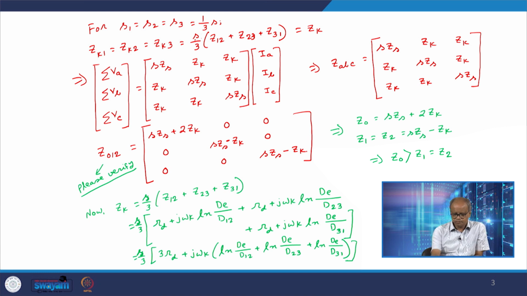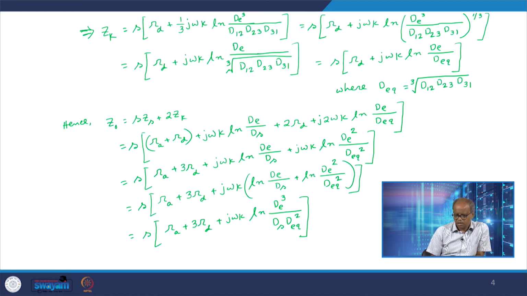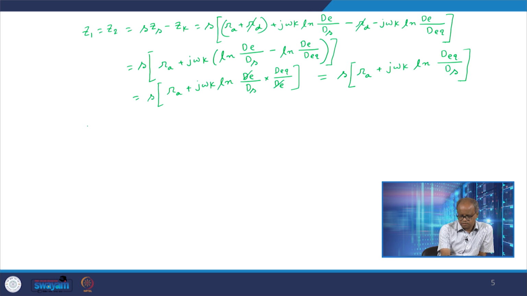And from here I can also say that for a fully transposed line, the sequence impedances are completely decoupled. Let me write it down.